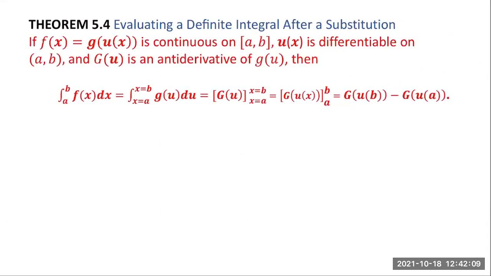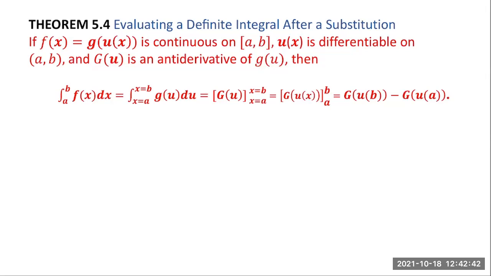Next, we have this theorem: evaluating a definite integral after a substitution. That's very important. Here is what the theorem tells you. If f of x is equal to g of u of x is continuous on the closed interval a, b, u of x is differentiable on the open interval a, b, and uppercase G of u is an antiderivative of lowercase g of u, then we have this definite integral formula.